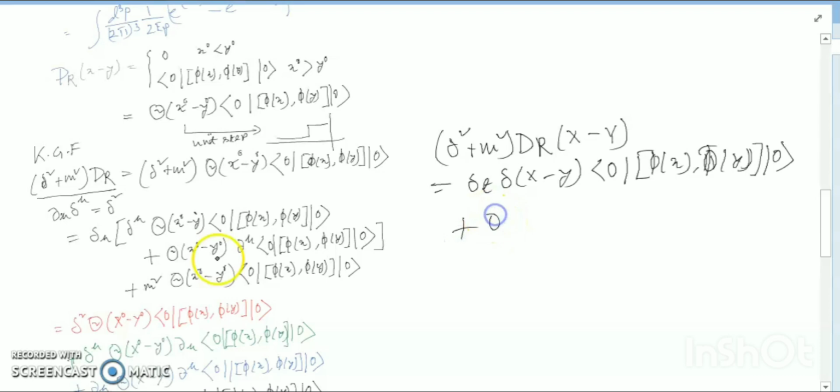Now del dash f x equals minus del f dash x.